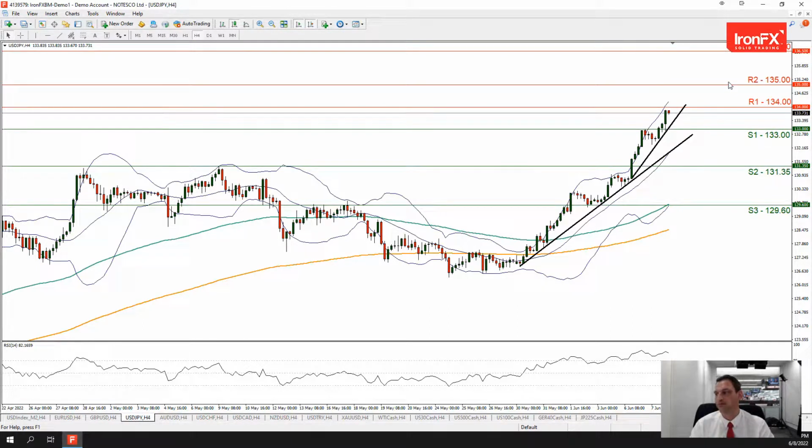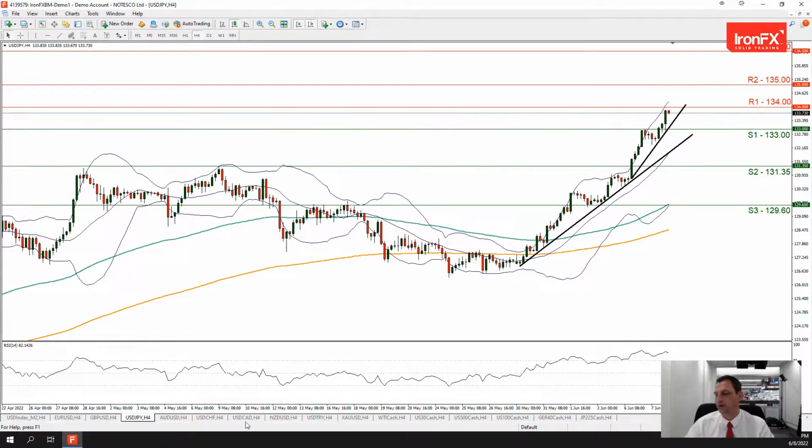And that may force BOJ to start considering a market intervention in order to defend JPY. We are at such levels which could practically provide grounds for BOJ to intervene.